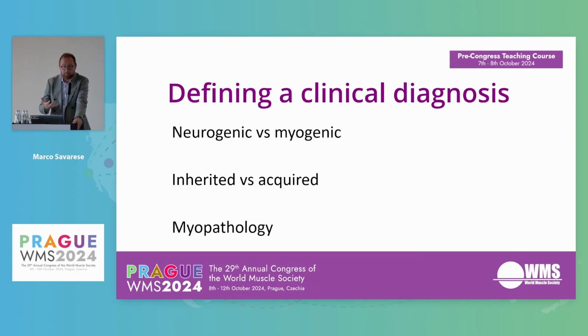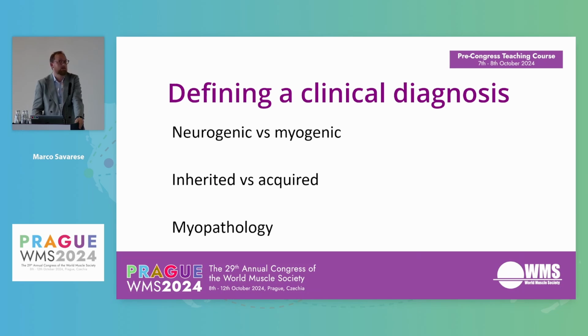So I'm not a clinician, but defining a clinical diagnosis here can be complex. And it can be complex because there can be a neurogenic component, there could be a myogenic and a myopathic component, because we know, and we have been listening today, that there are, of course, tools and tests that you can use to basically go either towards a neurogenic condition or towards a myogenic condition, and then you can, of course, perform muscle biopsy, and the myopathology may help as well.